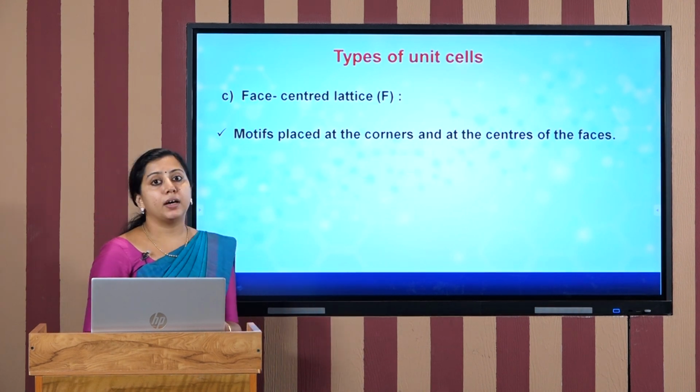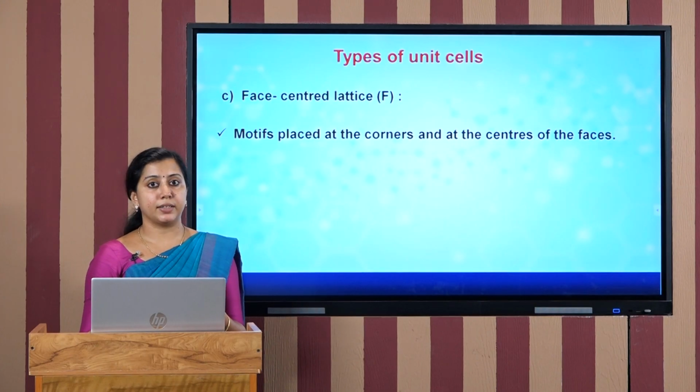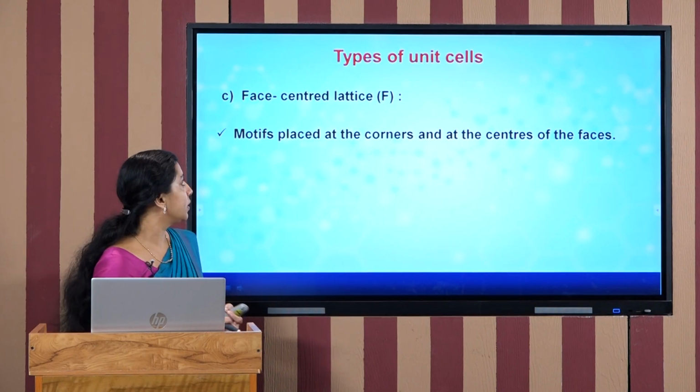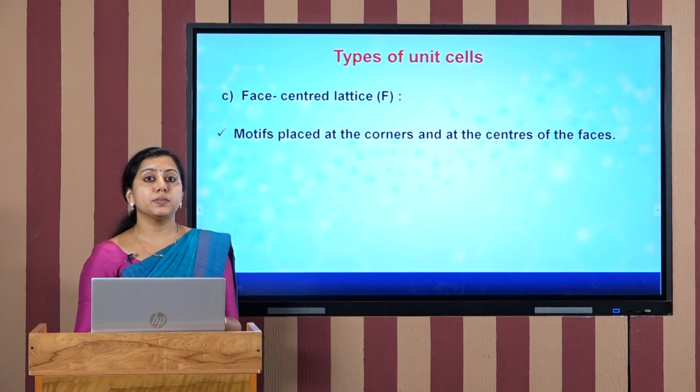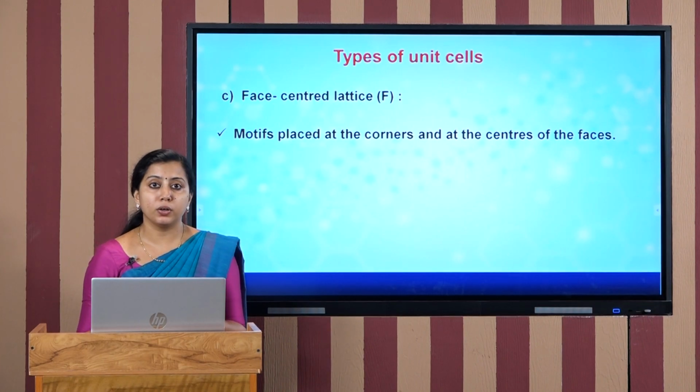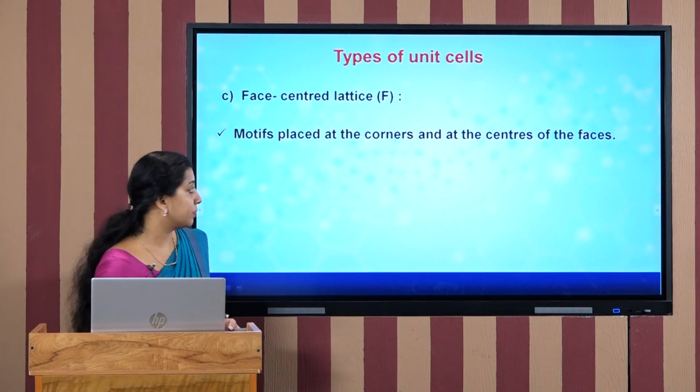So, next is a face centered lattice or face centered unit cell. In this type, the motifs are placed at the corners and also at the center of each face. Okay.